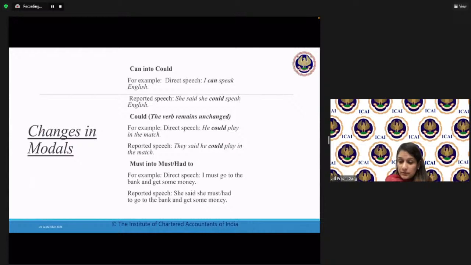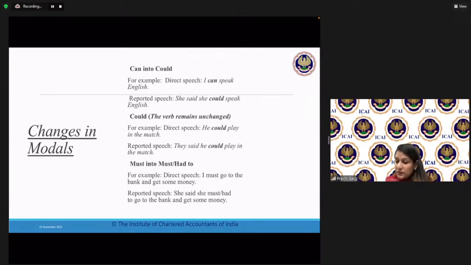Right. In terms of modals, can will become could, could will remain could, must remains must or you can change it to had to. These things remain the same. I must go to the bank and get some money. She said she must go to the bank and get some money.